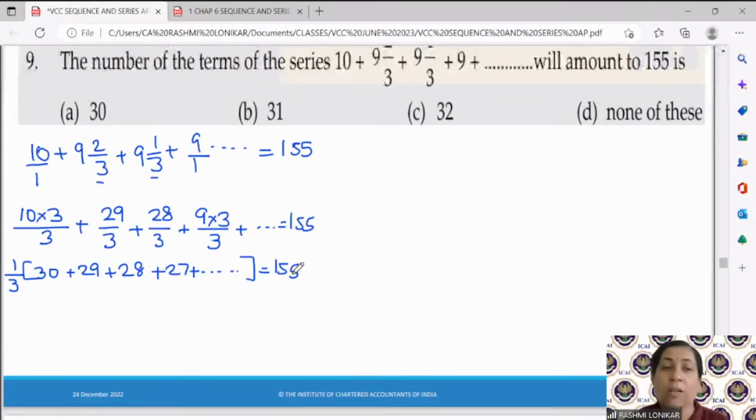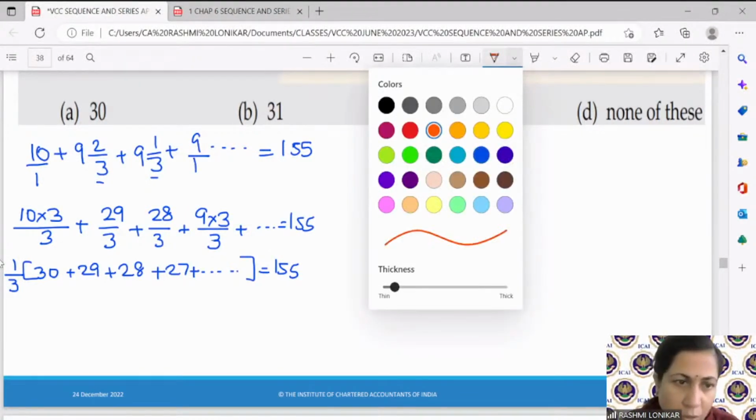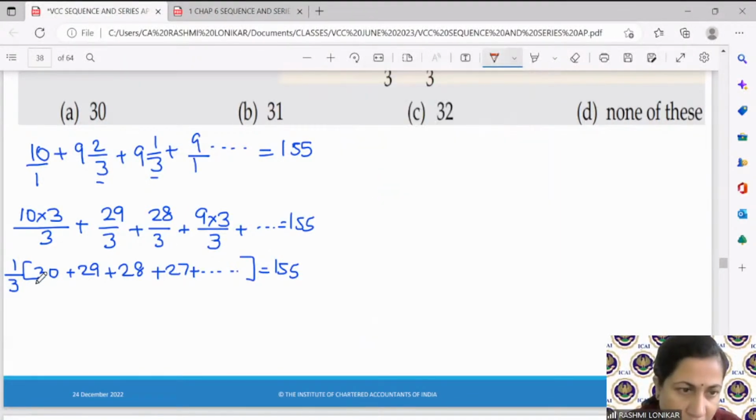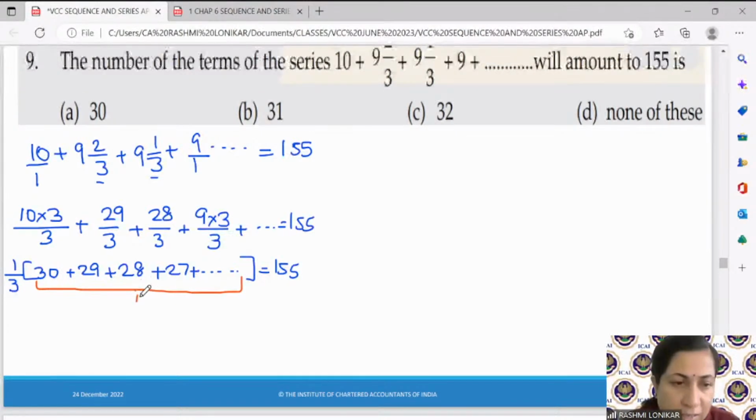So now what you get inside the bracket is an AP. I mean the whole thing is an AP, but this becomes easier for you to solve. This is in AP.